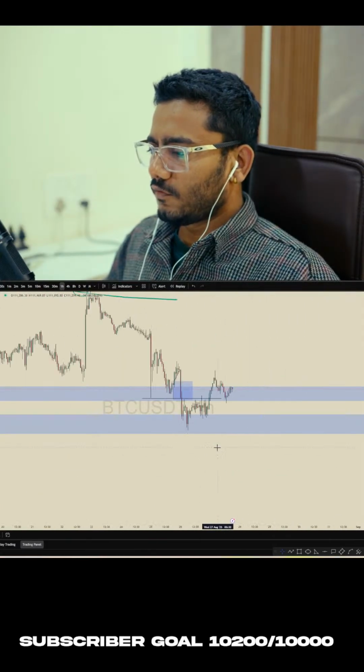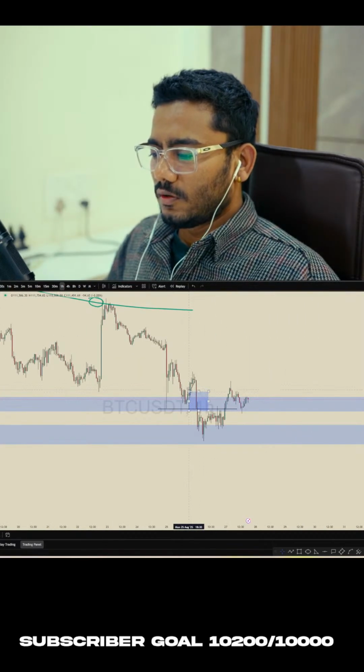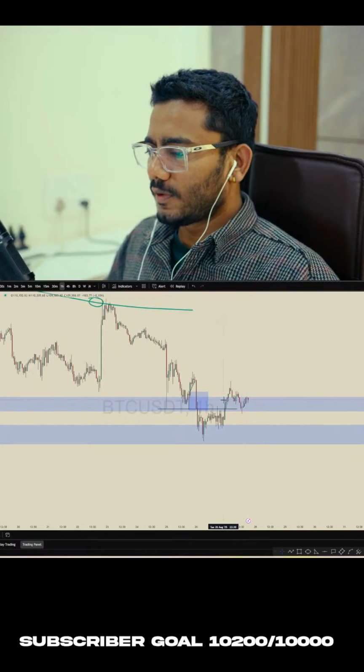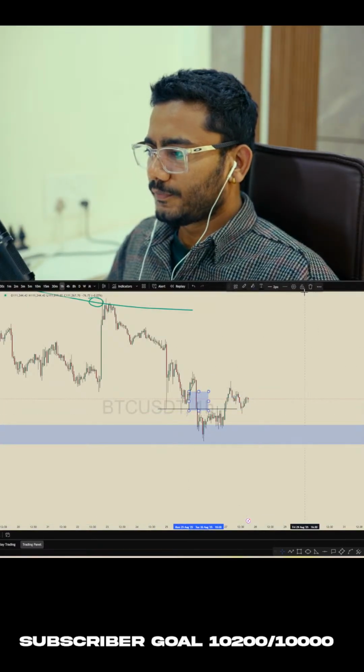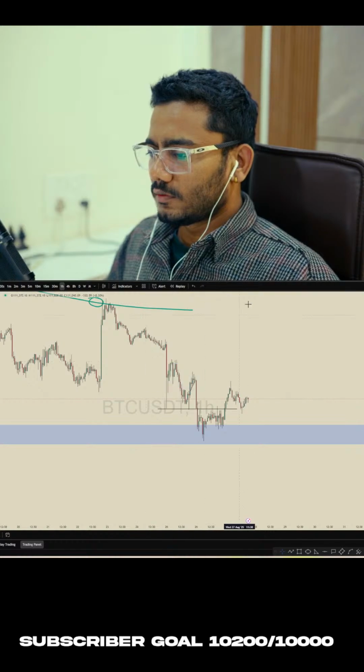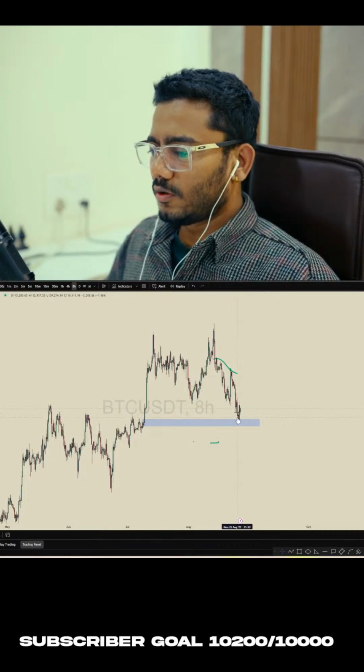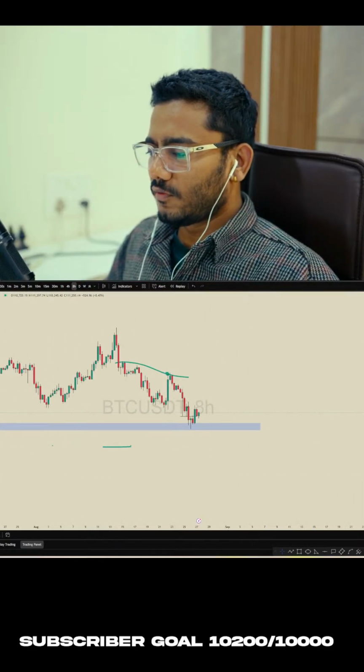The price is reacting from this. On Monday, I marked this order block, then price broke the structure over here, so there is no sign of reversal. Here we can see price is finally reversing from this area. If you look at 4 hour, price has tapped this order block, and we can expect price to reverse from this.